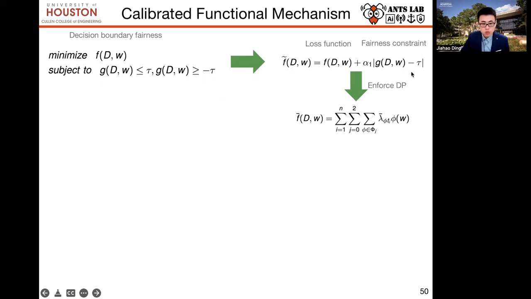To enforce differential privacy, we write the polynomial approximate objective function, and here are the coefficients, and we then introduce noise to perturb these coefficients.